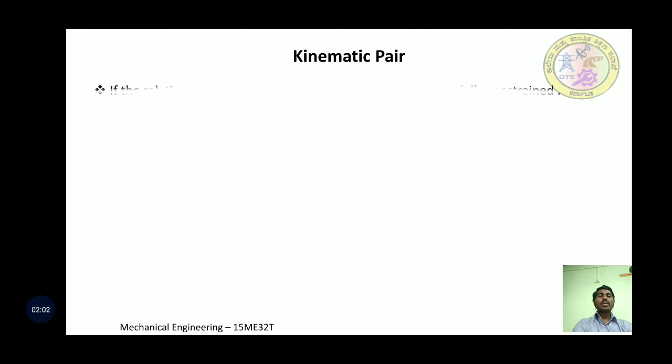Kinematic pair. What is kinematic pair? Two links or elements of a machine, when in contact with each other, are said to form a pair. If the relative motion between them is completely or successfully constrained, then the pair is known as kinematic pair.